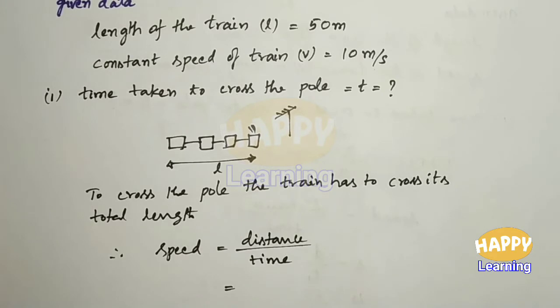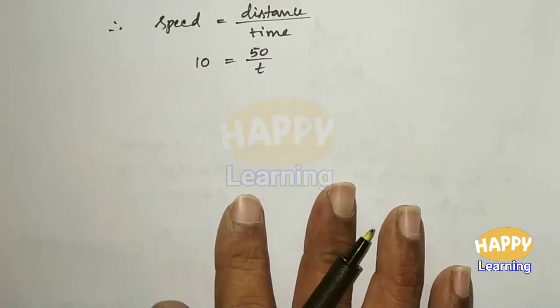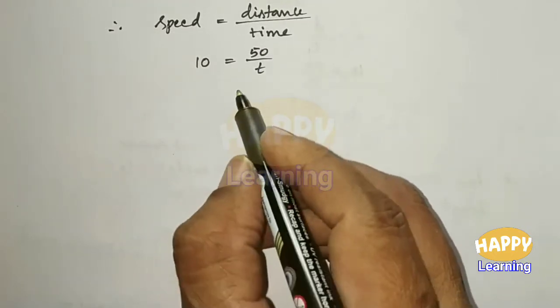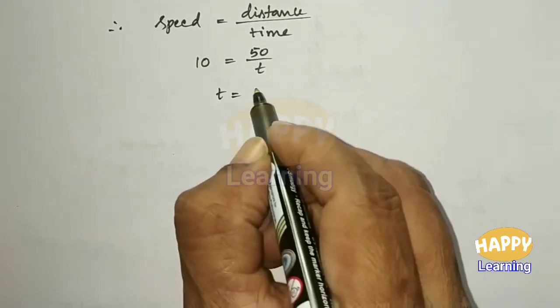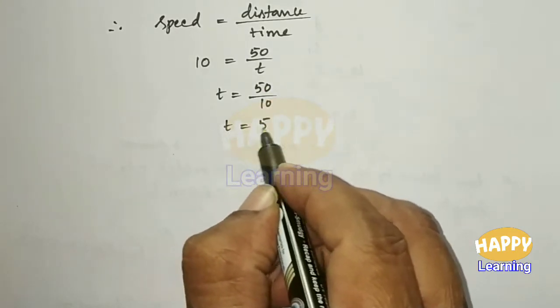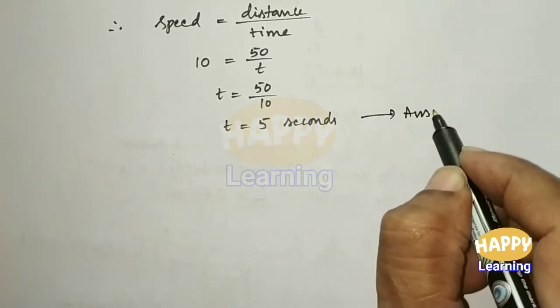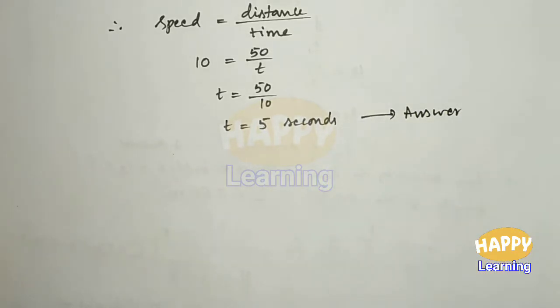Here distance means length of the train. So 10 is equal to 50 by T. Speed is 10. Distance is nothing but length of the train, 50, by T. So T equal to 50 by 10, so you'll get T equal to 5 seconds. This is the first answer.